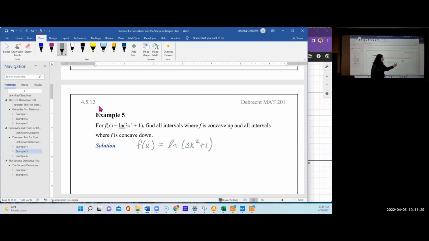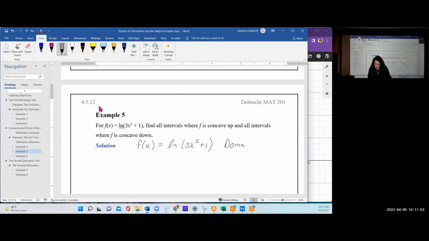Well, the only way to get it to be 0, since I have a plus 1, is if 3x squared came out to be -1. But that's not possible because it's a positive 3 times an x squared. So this can never be 0, and it will always be strictly positive. This is important because it means the domain is actually all reals.